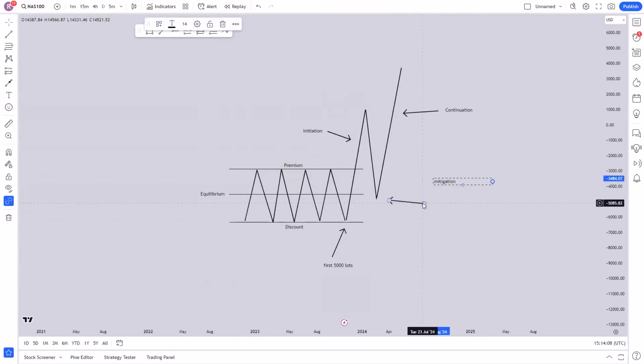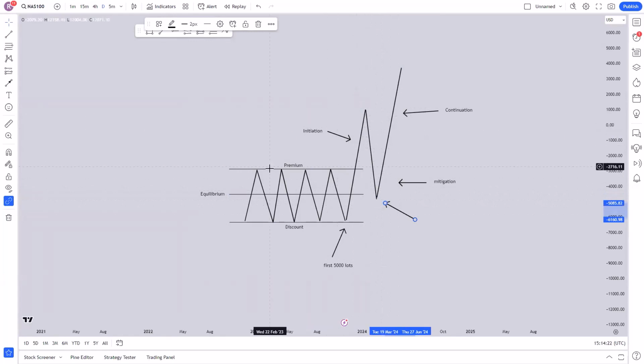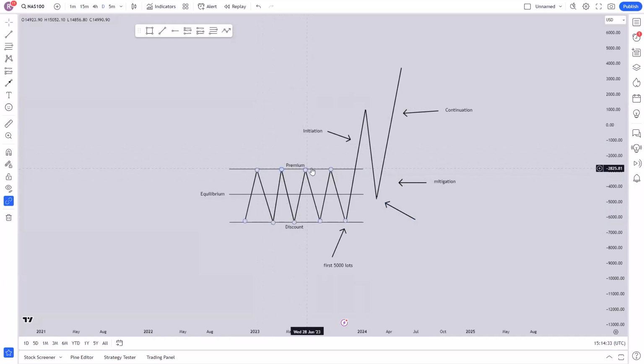Exactly. So they put in the remaining 5,000. So at this point here, they would have put the remaining 5,000. Why? Because price retraced and now they're able to get a better price. Because remember, even coming back to premium and discounted pricing, I'm sure all of you guys know what that is. But up here, price is more expensive compared to down here where price is more cheap.